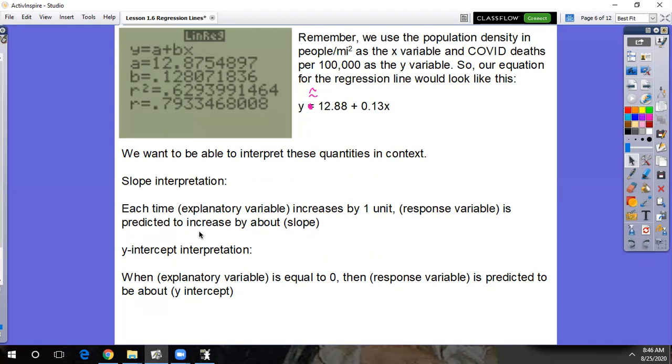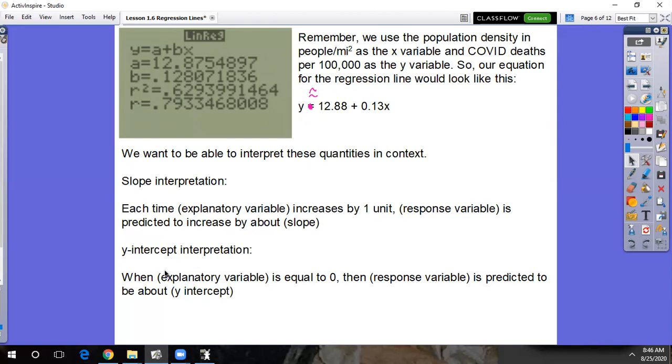This is not going to perfectly fit the data, and we're going to see that in a second when we look at the graph. For our purposes, our explanatory variable was population, or people per square mile. So each time the people per square mile increases by 1 unit, the COVID deaths per 100,000 people is predicted to increase by about 0.13.